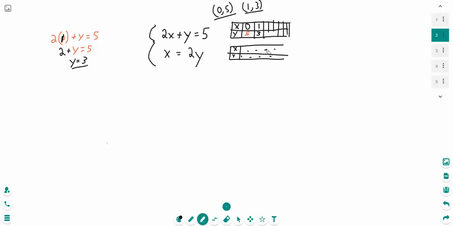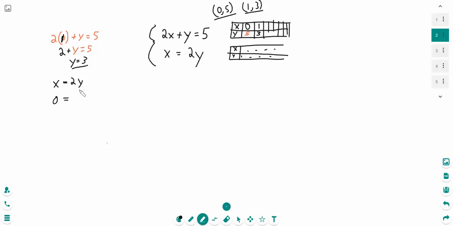Okay? And so if you think about it, if we take this first equation, one solution was 0, 5. All right? Now, if I substitute those values into the second equation, what's that going to give me? Well, the second equation is x is equal to 2y. I'll just rewrite it. Now, if x is 0, I could replace the x with a 0.